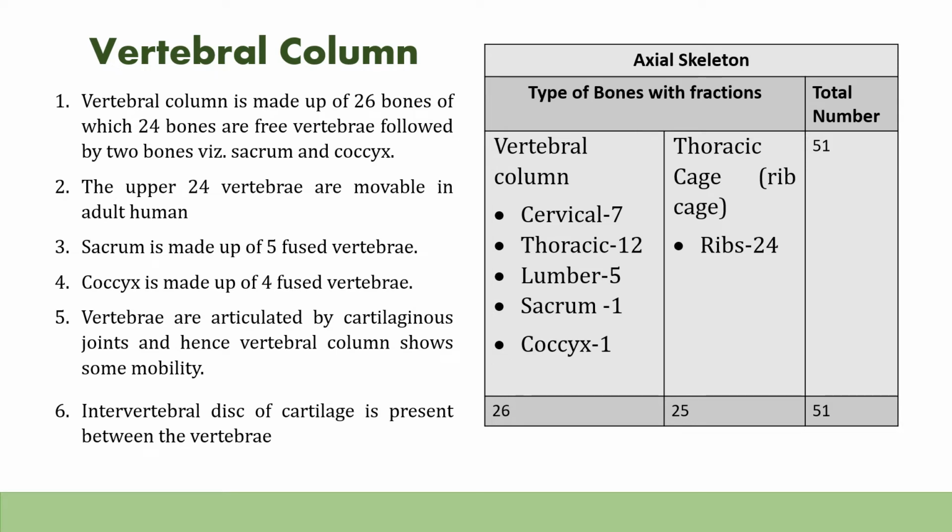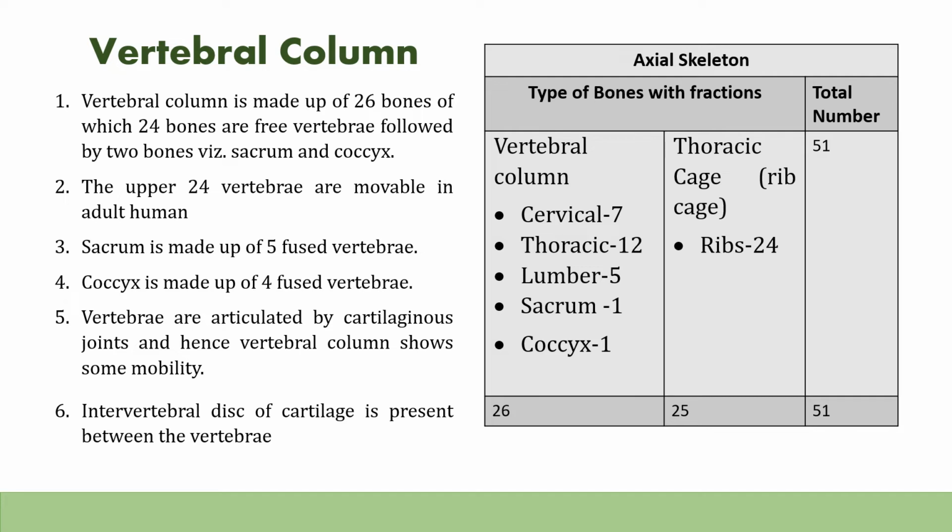But generally, when we consider the sacrum as 1 and the coccyx as 1, the vertebral column consists of 26 bones. The axial skeleton consists of 80 bones, of which the vertebral column has 26. In the table you can also see the thoracic cage, which consists of 24 ribs, and the sternum, for a total of 51. Now let us start with the description of the vertebral column.